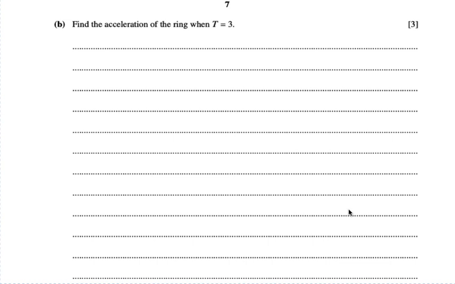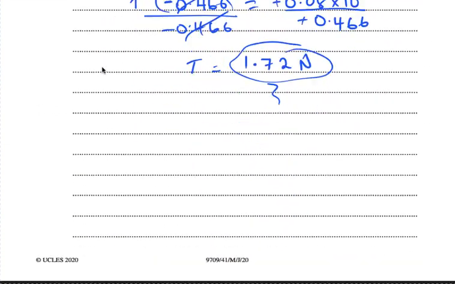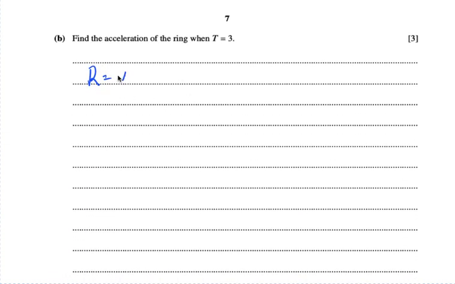Okay, they are asking us to find the acceleration when T is equal to 3. Alright, so we have already resolved the equations. So we know that R, from our previous question, was T sine 30 plus 0.1 g. Since we know that, we can put in the T that they have given us.